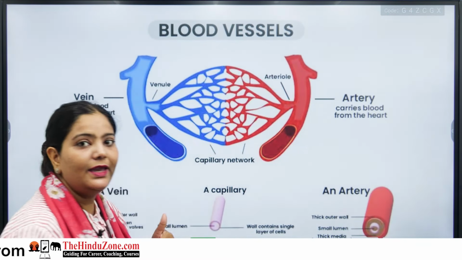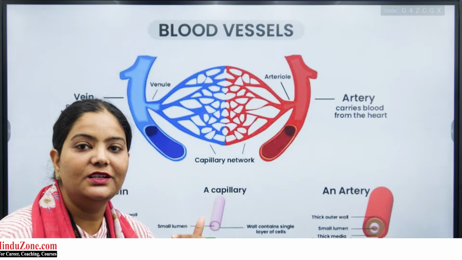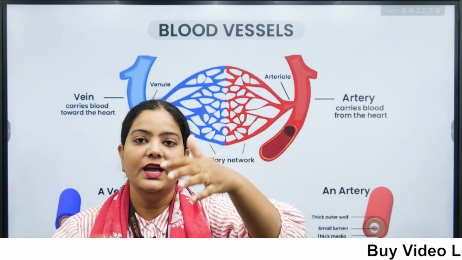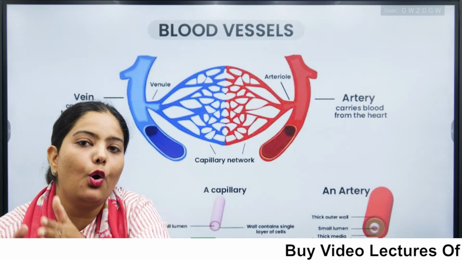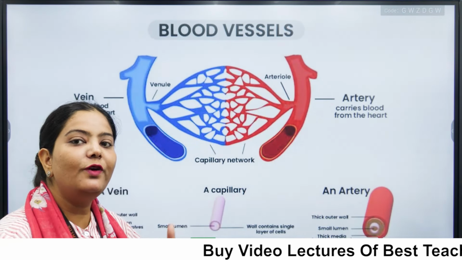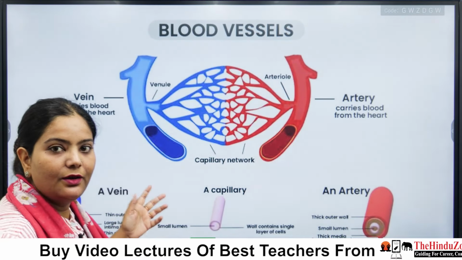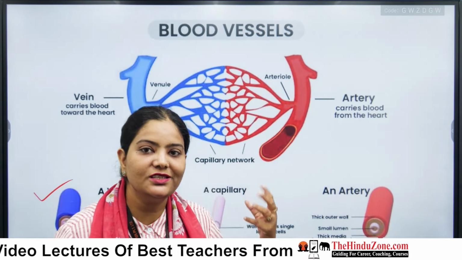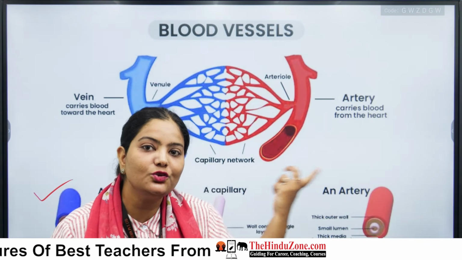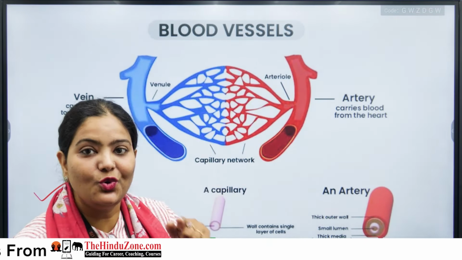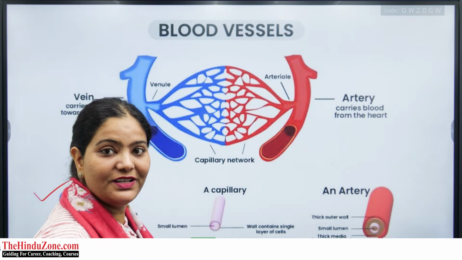But abhi, I have given you a parameter like from the heart it is the aorta, it is the artery, and it is carrying the oxygenated blood, and the one which is carrying the deoxygenated blood is a vein. So there must be some differences in these two blood vessels, isn't it? Okay, you all are right, there are differences.